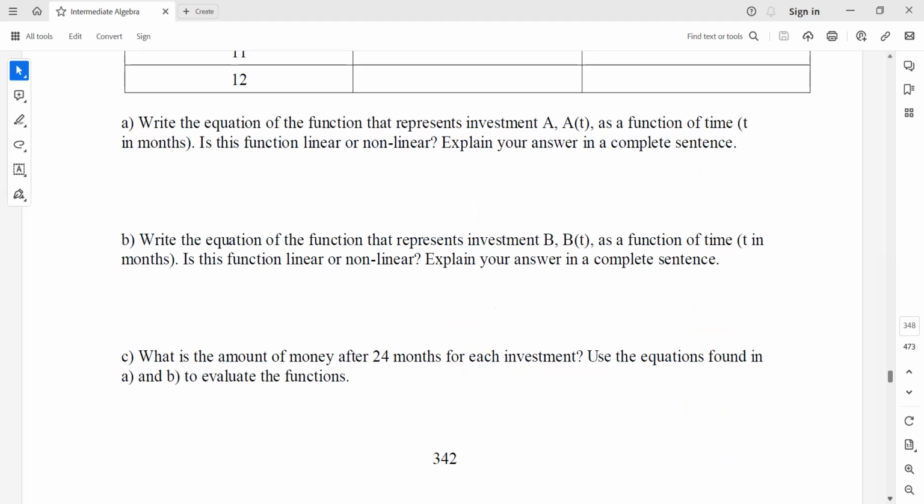So I have A of t. Now you know that each month the amount is going to double. So the doubling amount here, and then you put a t on. Remember the t is the input, right? Is this linear? No, it's non-linear.